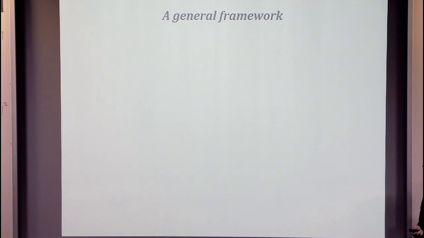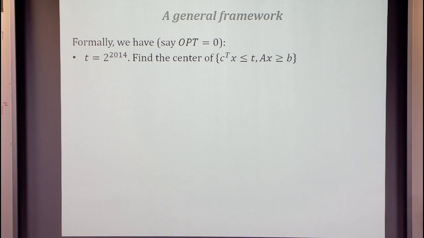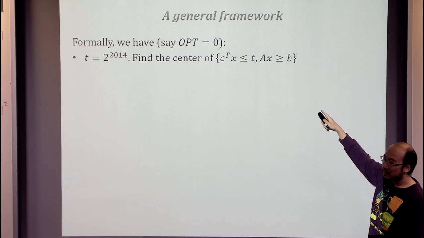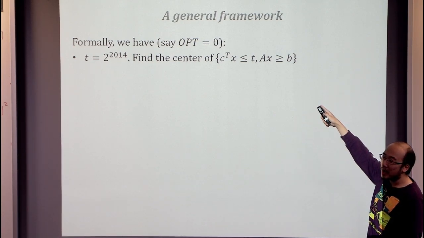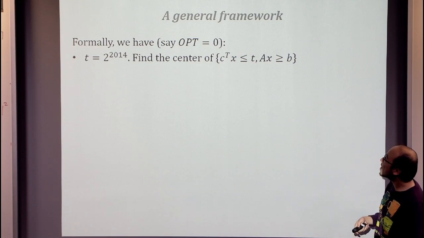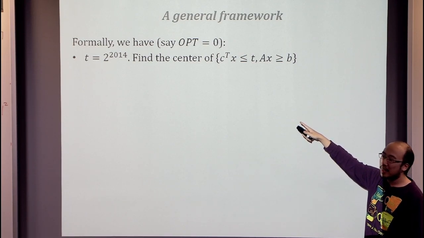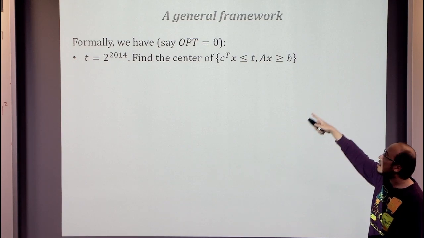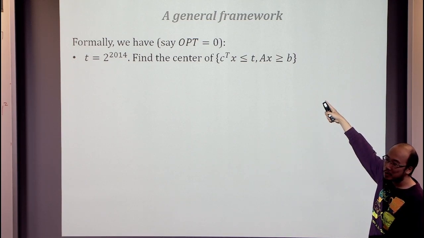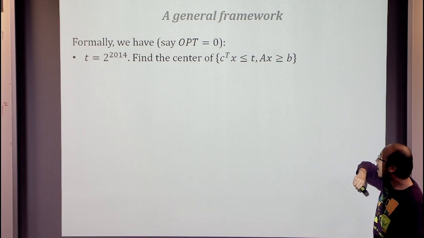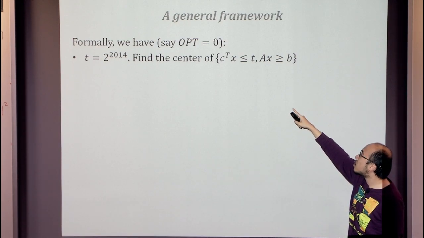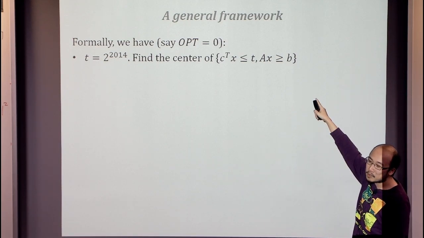So, just not to confuse people, I'll try to say the algorithm again. Here I assume the optimal value is 0 for simplicity. Say we start with a value t that is very, very large, and we find a center for that polytope. Our goal is to find c transpose x equals 0 and Ax greater than b.